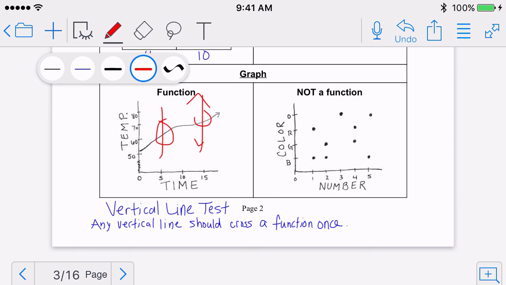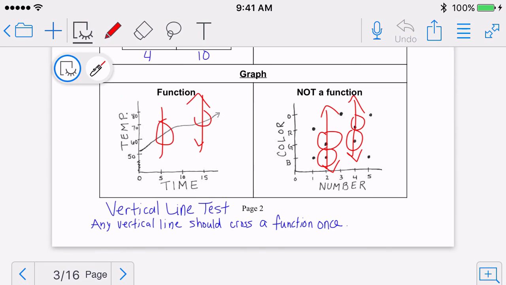That's what we mean with the vertical line test. In the example of not being a function over here, if I draw a vertical line through here, it's going to hit both of those points. That's bad. Same thing right here. It's going to hit both of those points. And the reason that is happening is that an input should be paired with only one output.